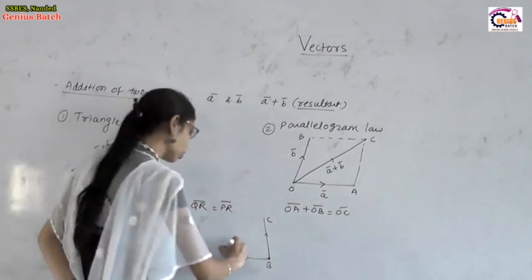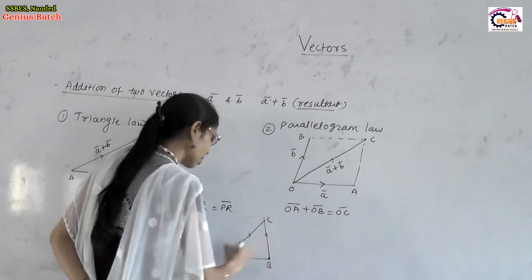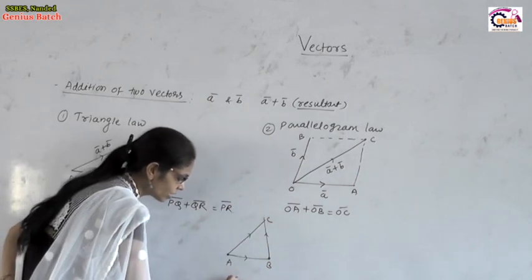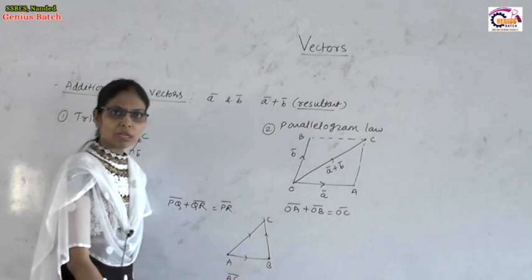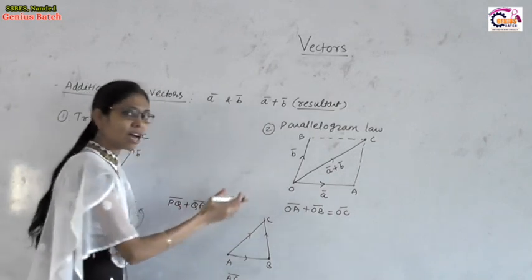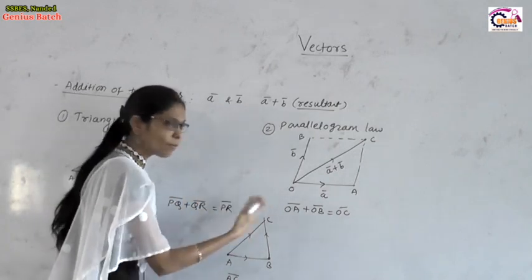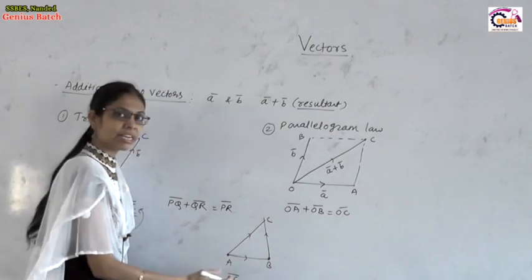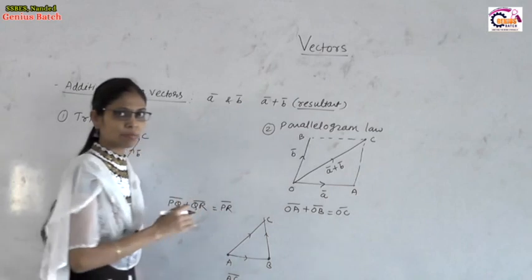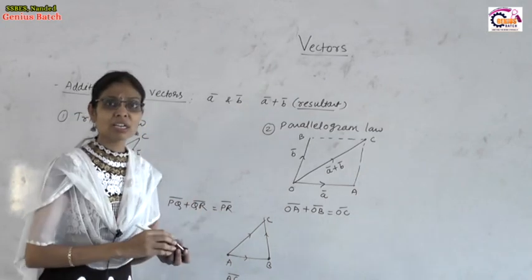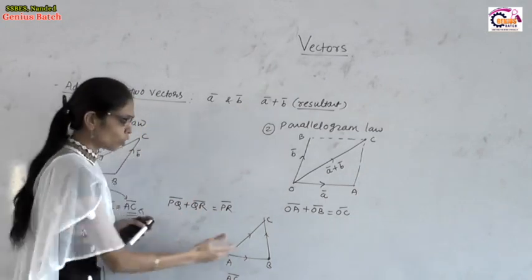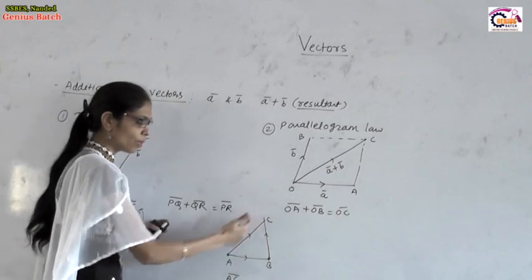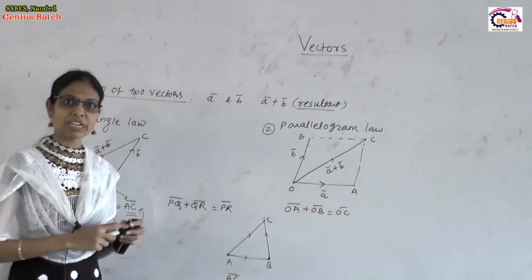Okay, so the total displacement is vector AC. So here the displacements are one after another. First he traveled from A to B and then he traveled from B to C. So one after another the action is done. So what we have used: AB plus BC is equal to vector AC.